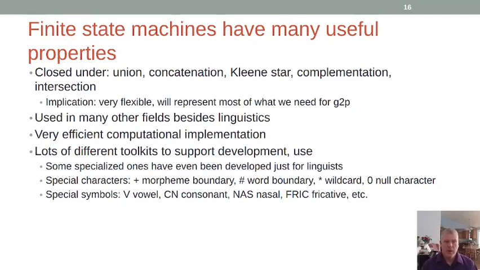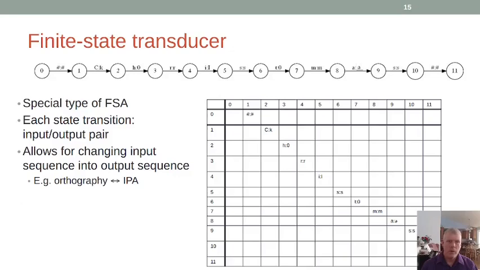And so some special characters: a plus sign is a morpheme boundary, a hashtag or pound sign or number sign is a word boundary, an asterisk is a wildcard, and 0 is a null character. Like we saw previously with Christmas, the H is not pronounced, the T is not pronounced, and so there were zeros. Let me just go back one slide real quick.